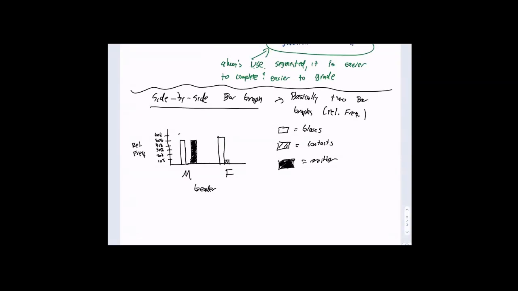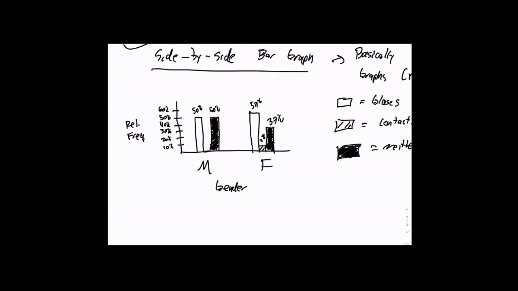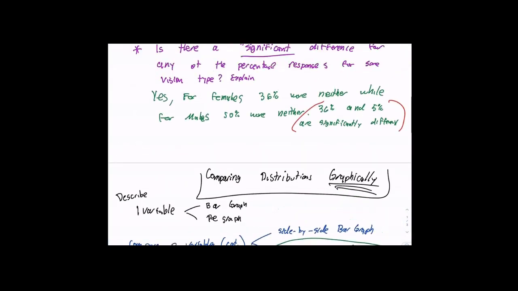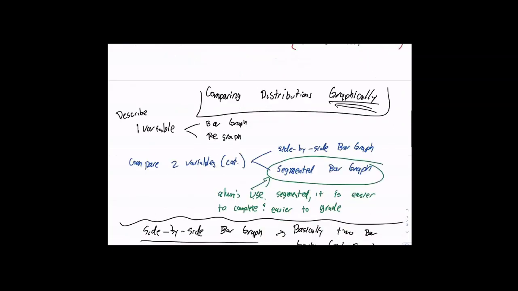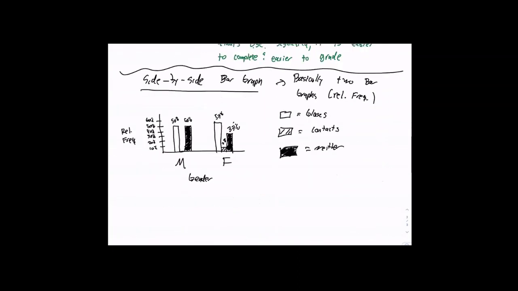And sometimes, if you want to, you can write 50%, 57%, 7%. And what percent were neither? 36% were neither. Thank you very much.